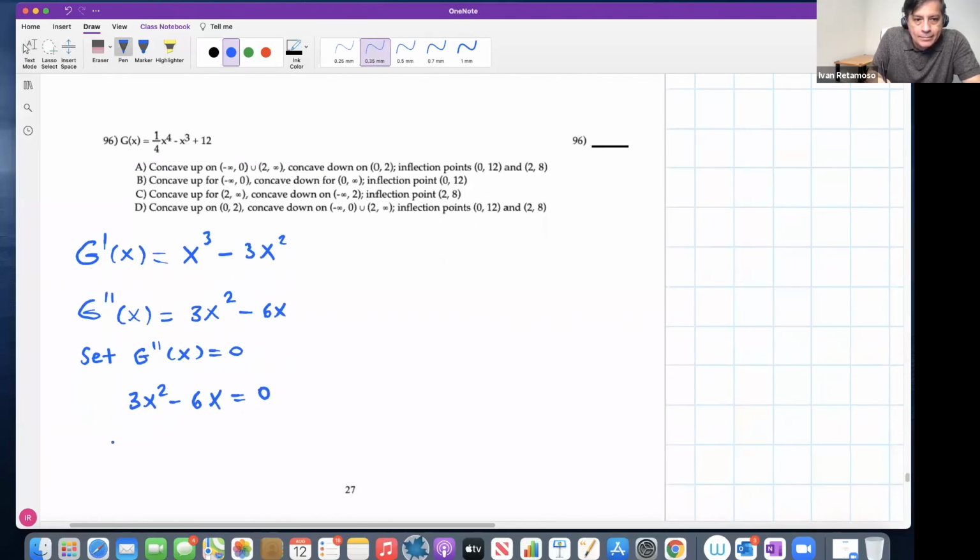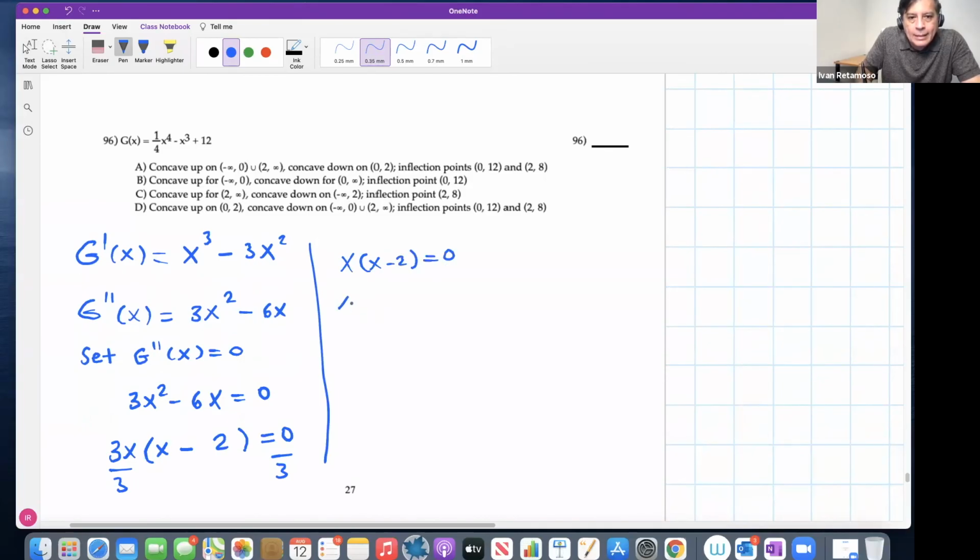The greatest common factor is 3x: 3x into 3x squared is just x, minus 3x into 6x is 2, equals 0. Divide by 3 both sides. You get x times (x minus 2) equals 0. Setting each factor containing the variable to 0, you get one special point, and another special point.